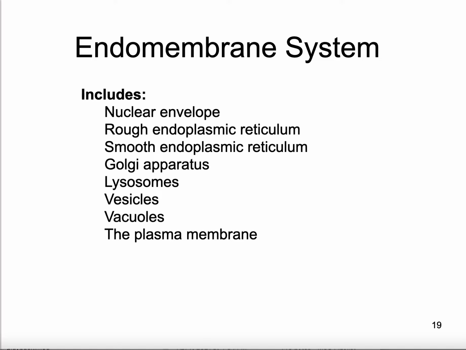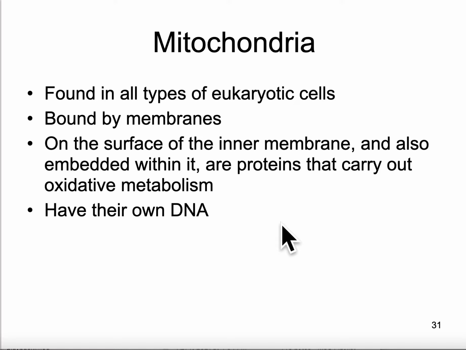And now we're switching gears to talk about parts of the cell that are involved in energy handling. Mitochondria are found in all eukaryotic cells. So protists, animals, plants, and fungi all have mitochondria.